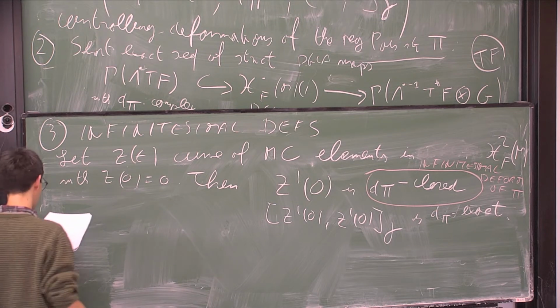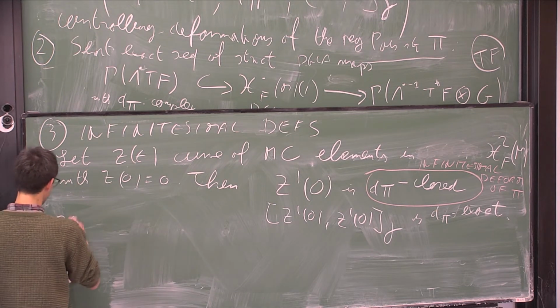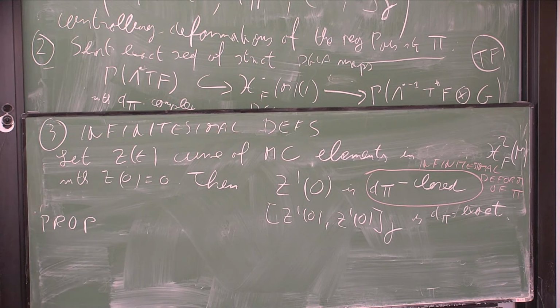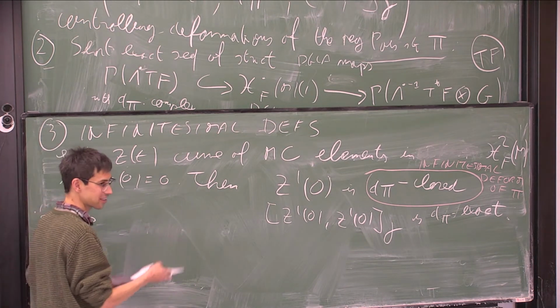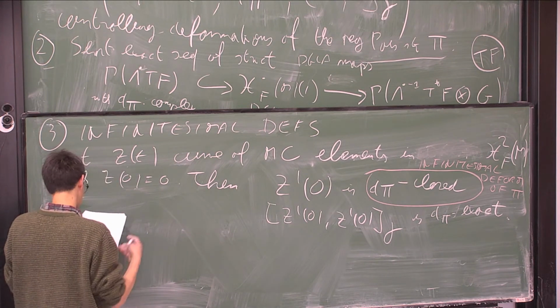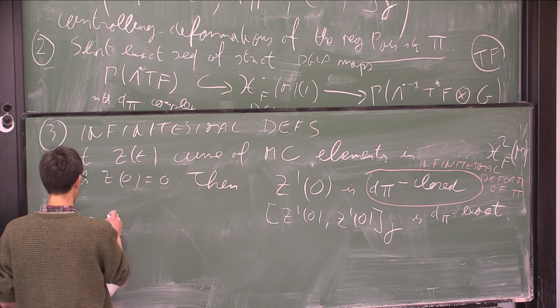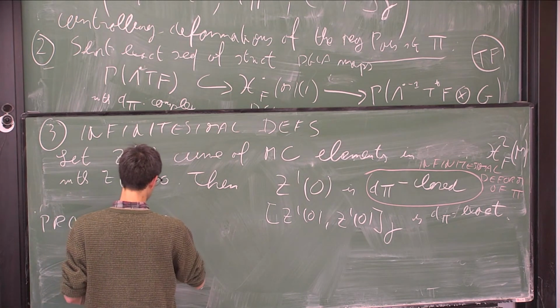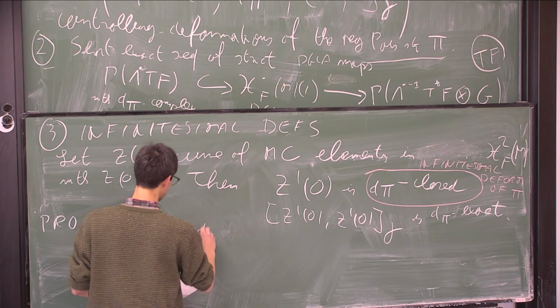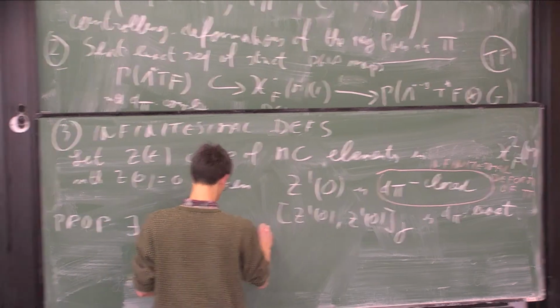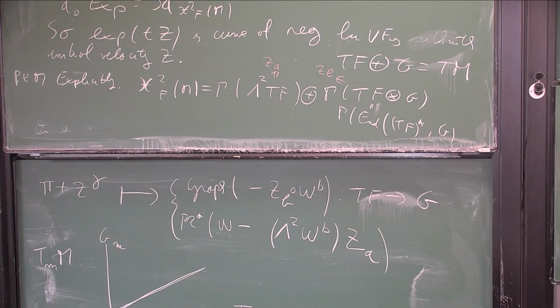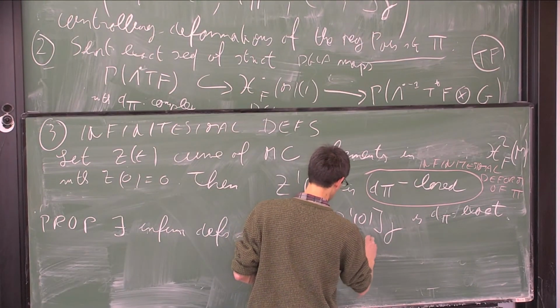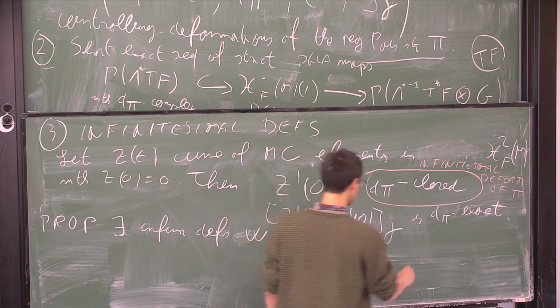Everything that I will say now is not surprising. There is no big surprise. In a way, we just checked that what one can expect is actually true. So there exist infinitesimal deformations omega of pi which are obstructed. What does it mean?